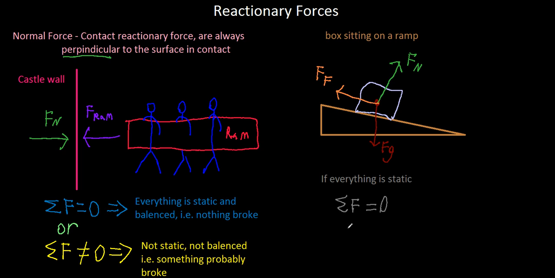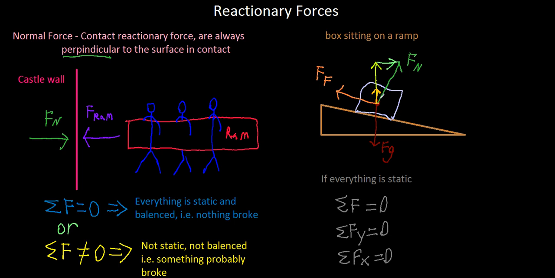That means the sum of all forces in the y direction equals 0, all forces going up and down, and all the forces going left and right, the x direction, equal 0 as well. And again, we could calculate this out. We could say, well, there is a y component here and an x component here, and we could calculate what each one is, and then we can calculate the x and y component here as well.